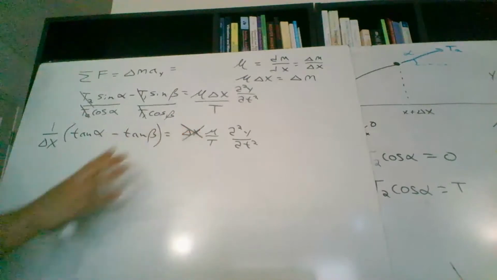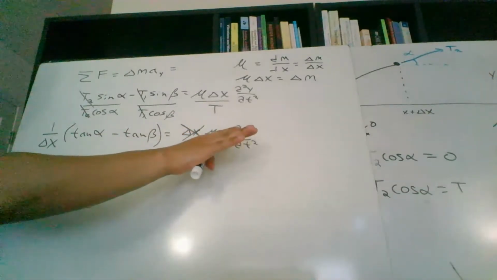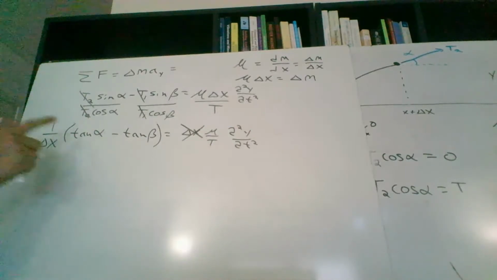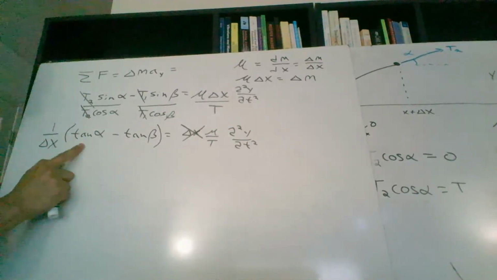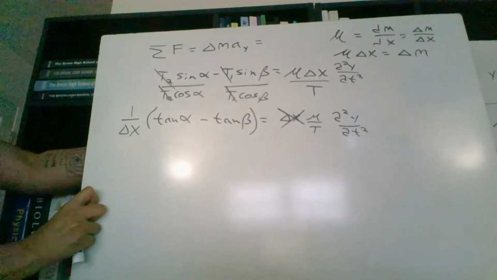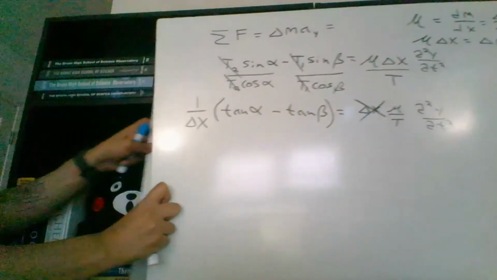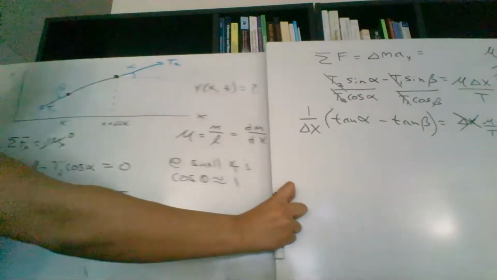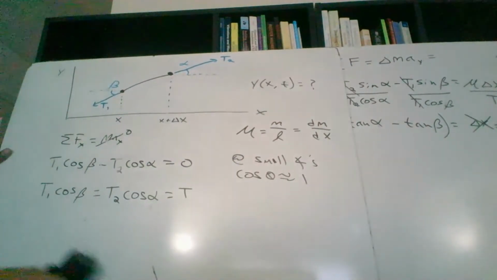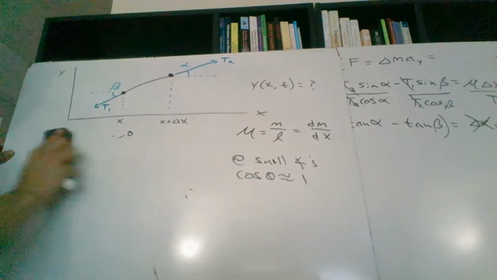We have mu over tension here, d squared y over dt squared, and then we've got this term right there. What is tangent alpha and what is tangent beta? In order to figure that out, we have to go back to our picture. So I'm going to erase this.